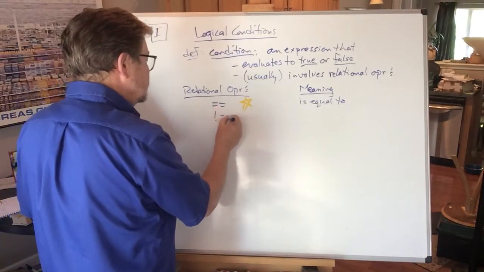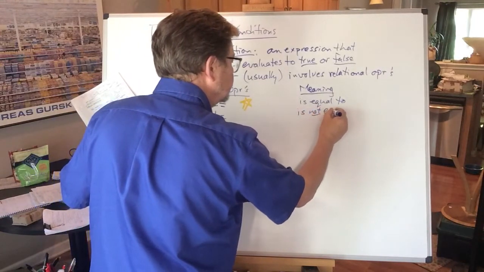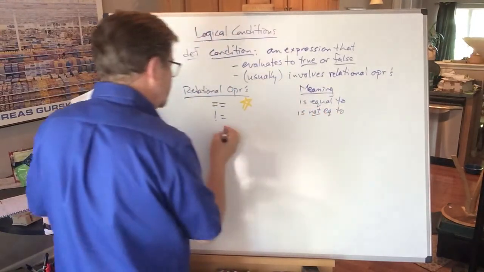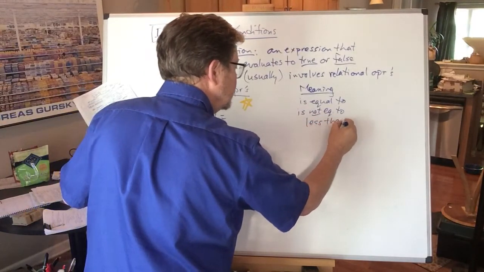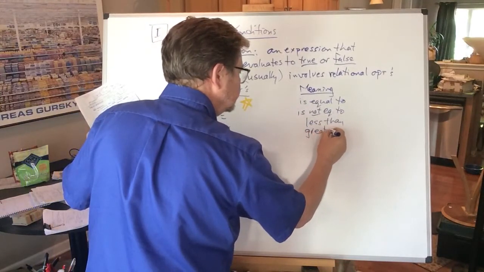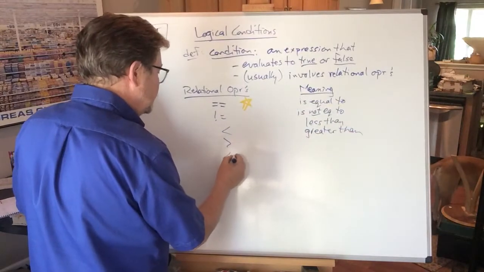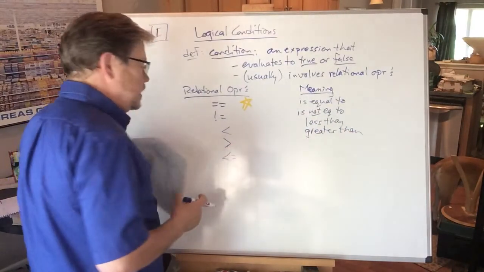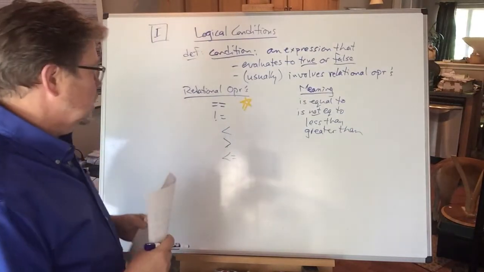Exclamation point equals means is not equal to. Less than means less than. Greater than means greater than. Less than followed by an equal sign, without any space between, is all one relational operator.